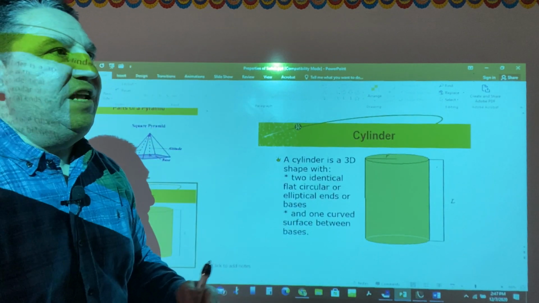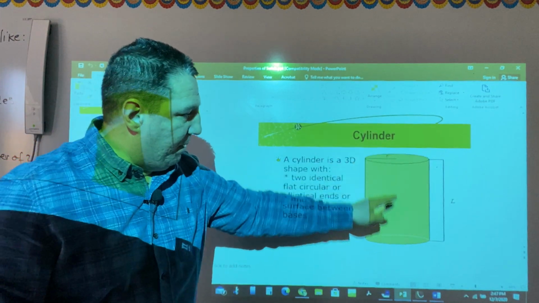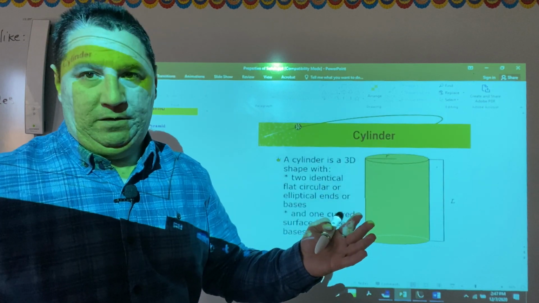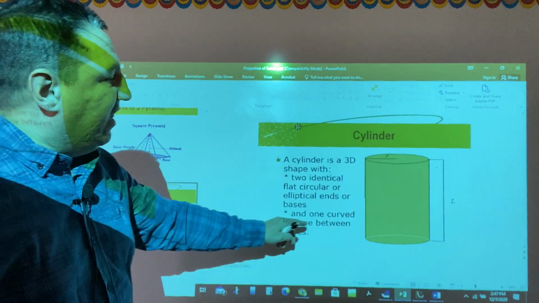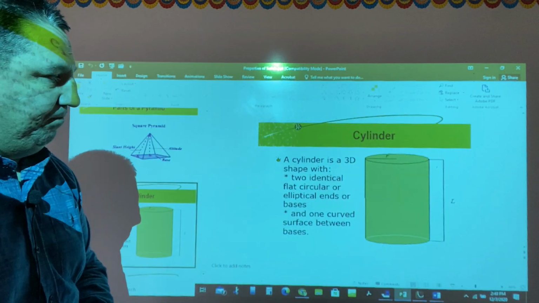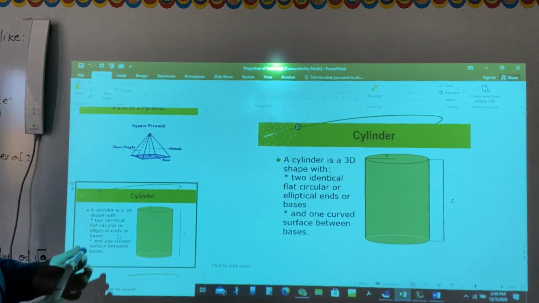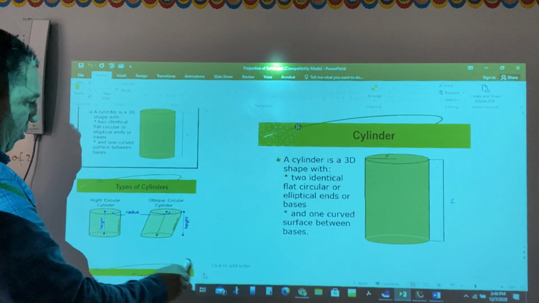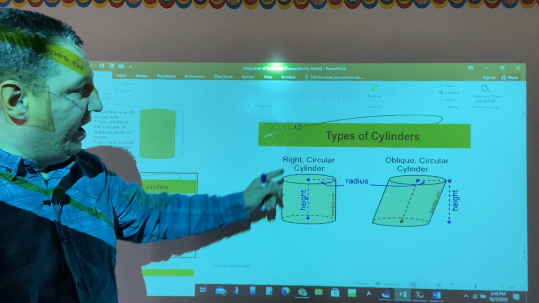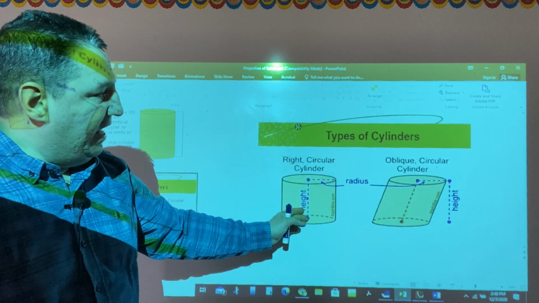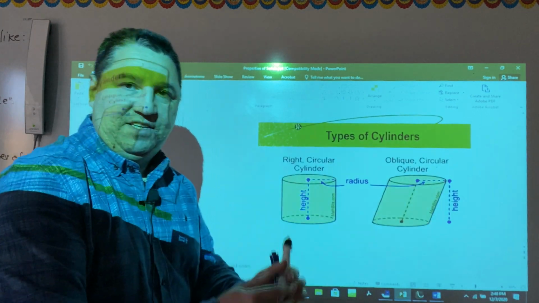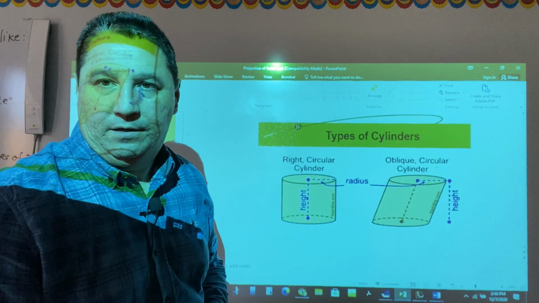Usually they are circles, top and bottom, but they could also be elliptical surfaces. And one curved surface between the bases. We have two main types of cylinders: a right cylinder and an oblique cylinder, which is like a tilted cylinder.